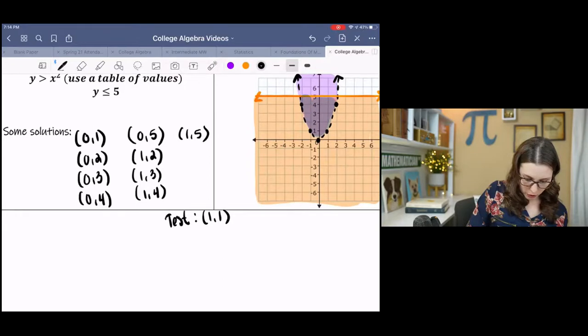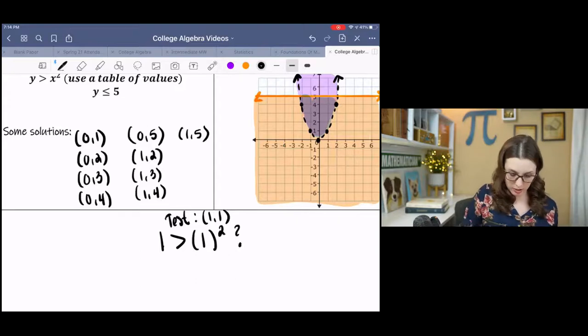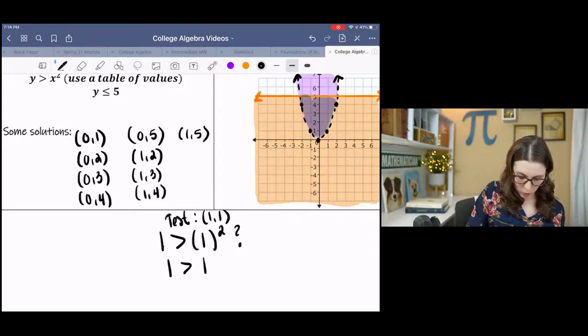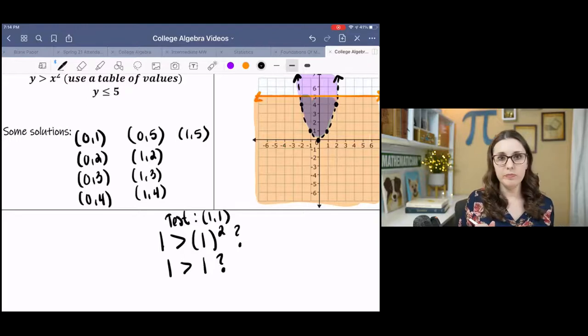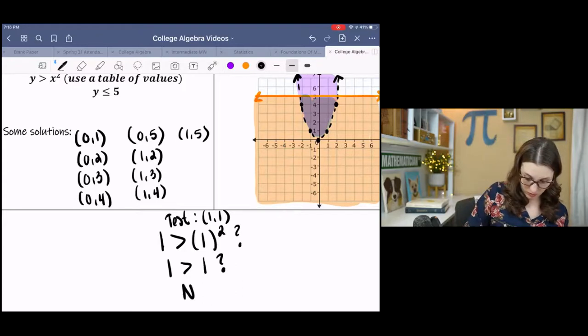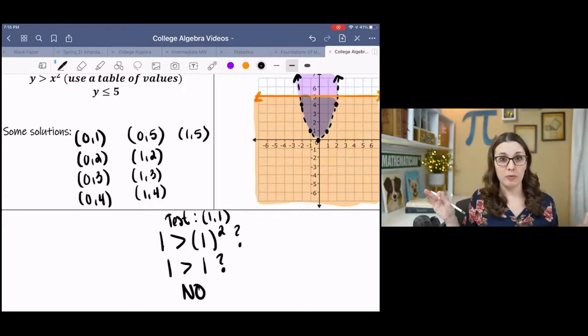So in the first one, y is greater than x squared, question mark, because we're testing it. 1 is greater than 1. Is that a true statement? Is 1 bigger than 1? No. So it's automatically out. We can automatically throw the point out because it doesn't fit the first inequality.